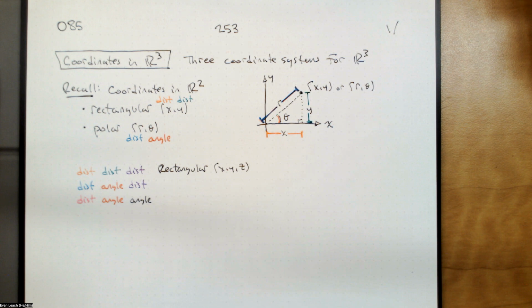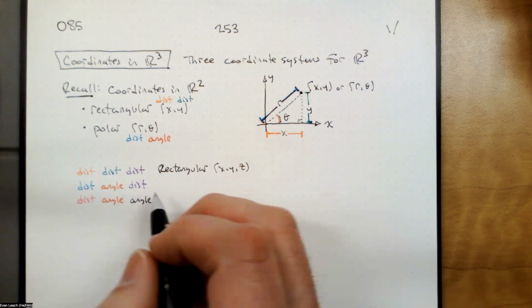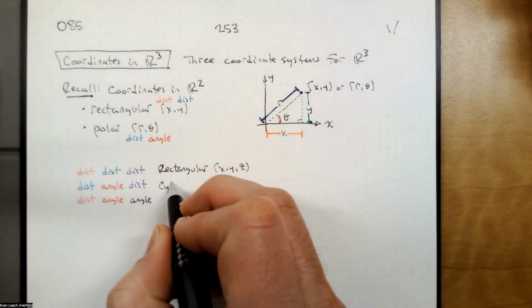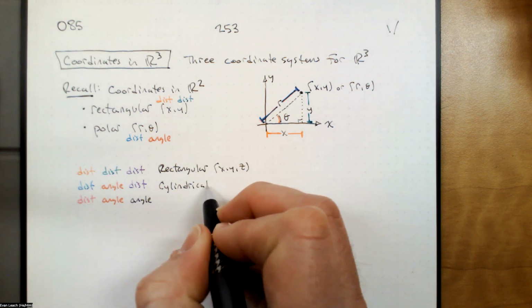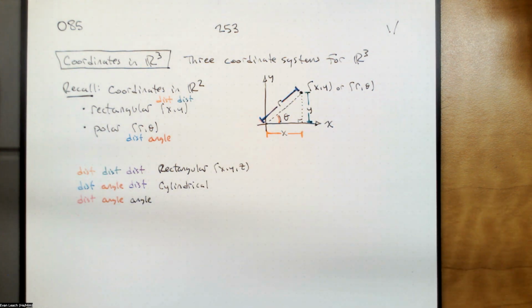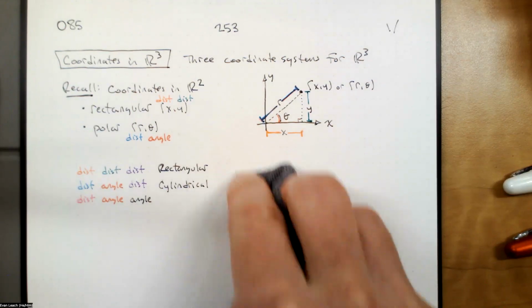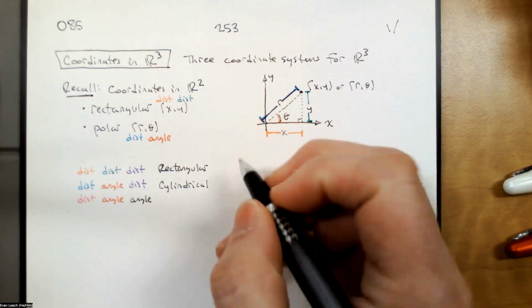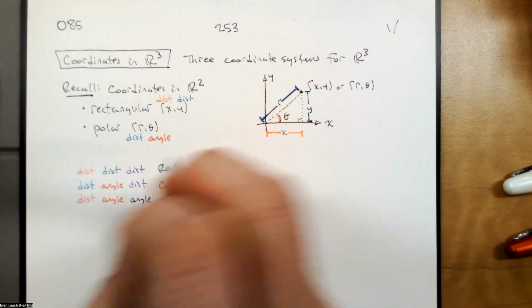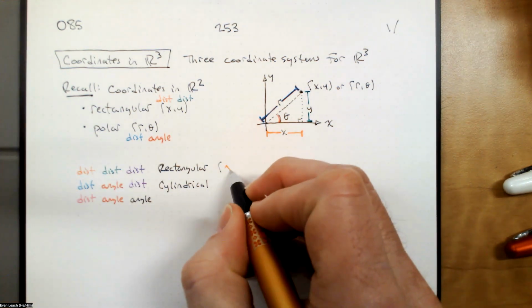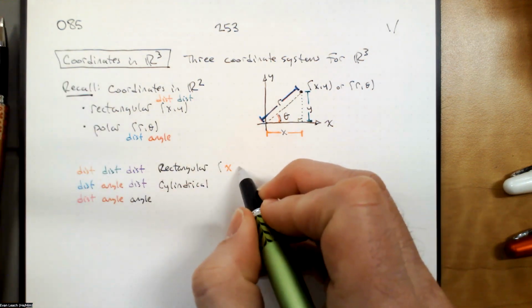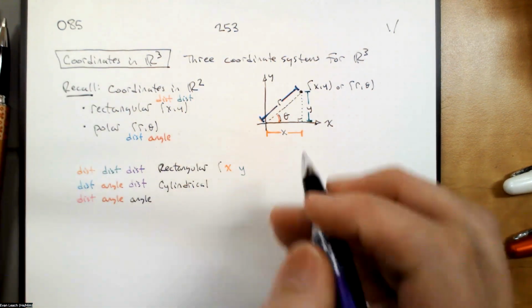The second one, where it's distance, angle, distance, specifically in this order, is cylindrical coordinates. Cylindrical coordinates are similar to rectangular coordinates in that they use the same Z. We just describe the floor with polar coordinates and then put a Z-axis on top of it. In rectangular coordinates in R3, we use the same X and Y that we used in R2, and we just include a Z on top.